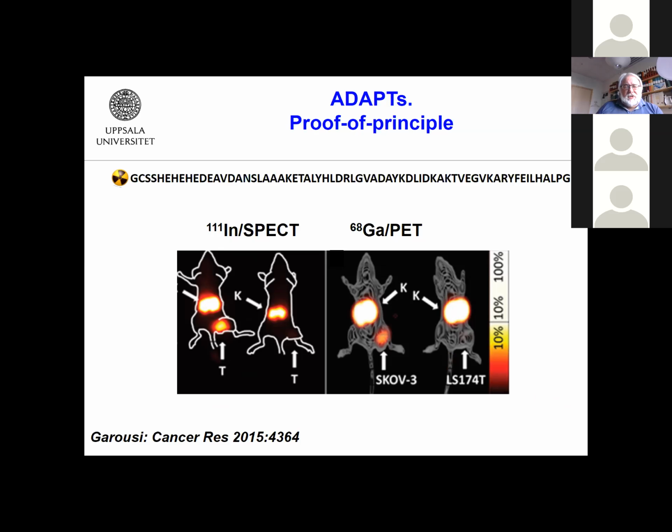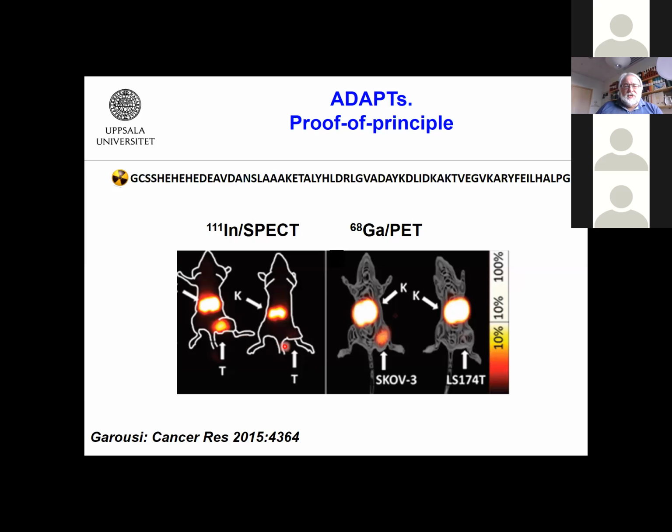All these images were done 1 hour after injection in mice, and they were head-to-head, so they were performed at the same time and in parallel. And both those mice carry a HER2 expressing xenograft. This mouse, though, was pre-injected with the anti-HER2 antibody trastuzumab, and ADAPT binds to the same epitope as trastuzumab.